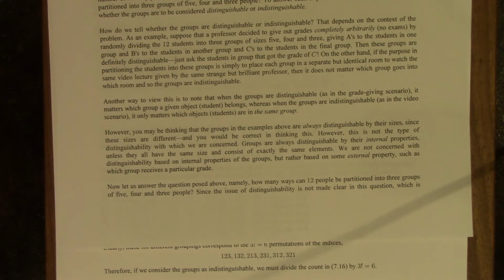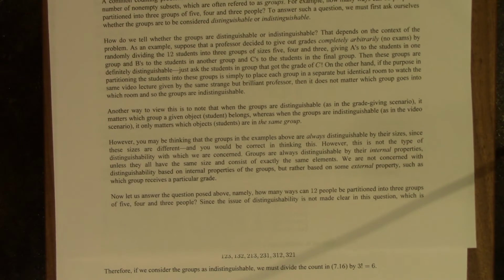So if you were a student standing in the hall and you had to choose between the 3 rooms, you wouldn't care which room you went into because the groups are indistinguishable.